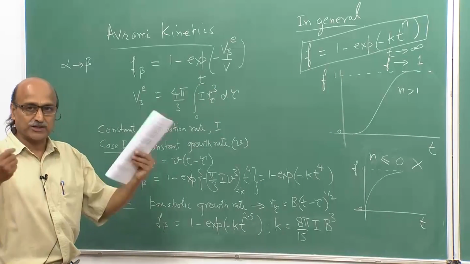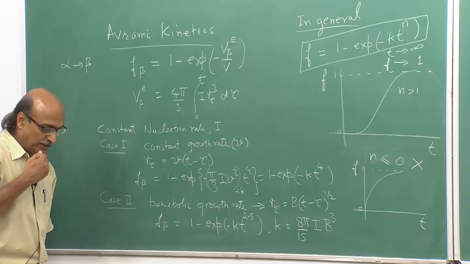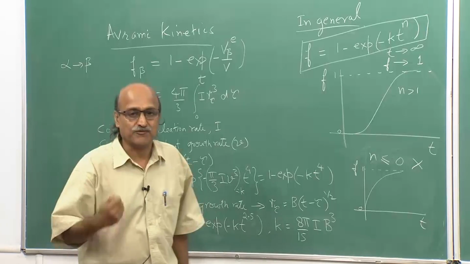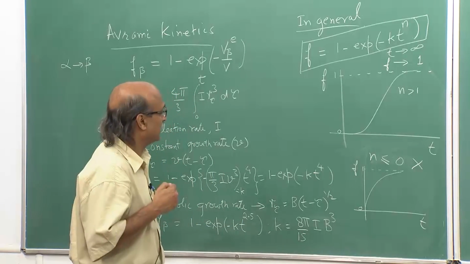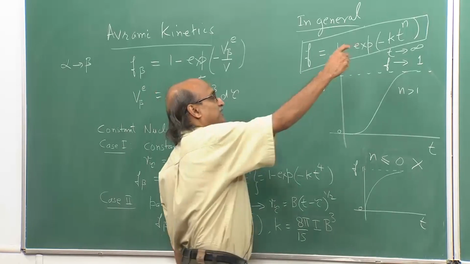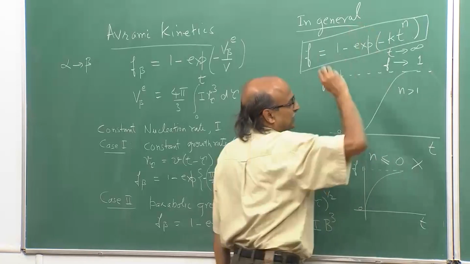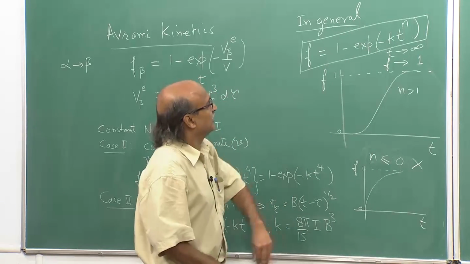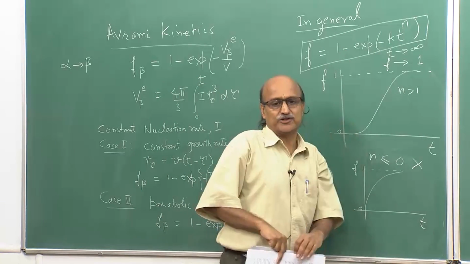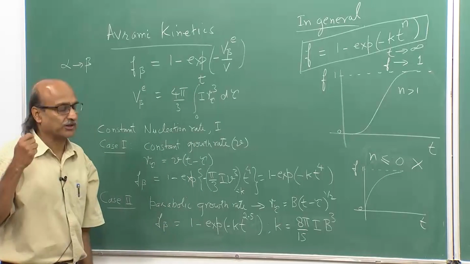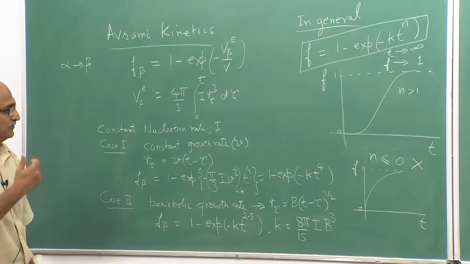I have an experiment in which I have measured fraction transformed as a function of time. I fit that data into this expression and try to find n and k, and interestingly the value of n would give me a clue as to what kind of mechanism may be operative.